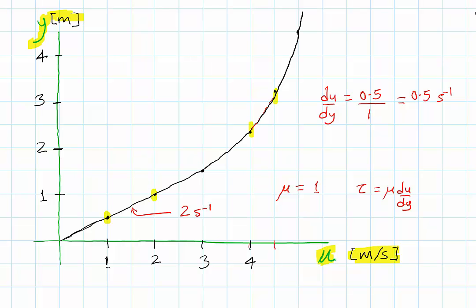Over here this is equal to 2 pascals, while near here, tau is equal to 0.5 pascals. So you can see that as you move away from the surface, the shear stress decreases. So high shear stress here and low shear stress here.